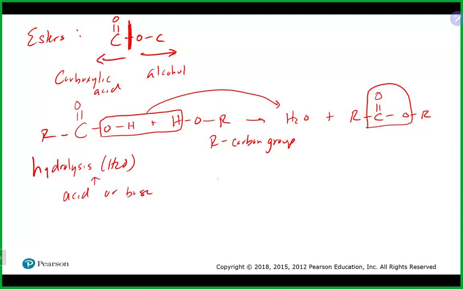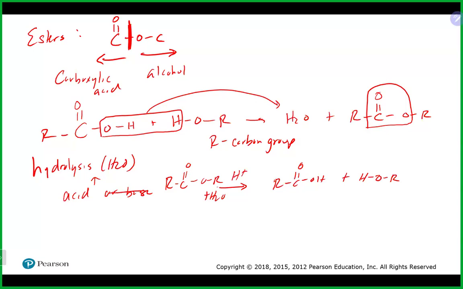In the acid hydrolysis, it is basically the reverse of the esterification reaction. You start with your ester, and through an acid and water, you will get back your carboxylic acid and your alcohol. Basically, you recreated both parts.